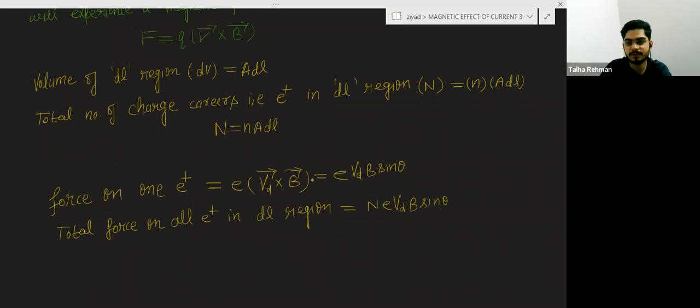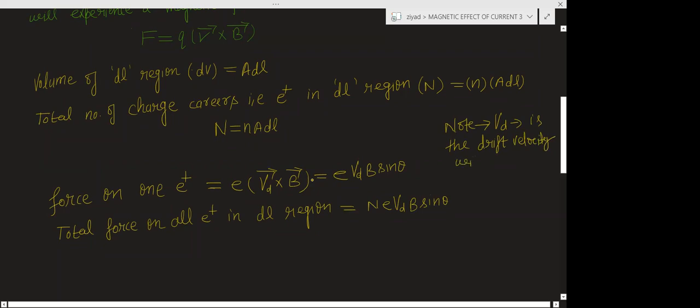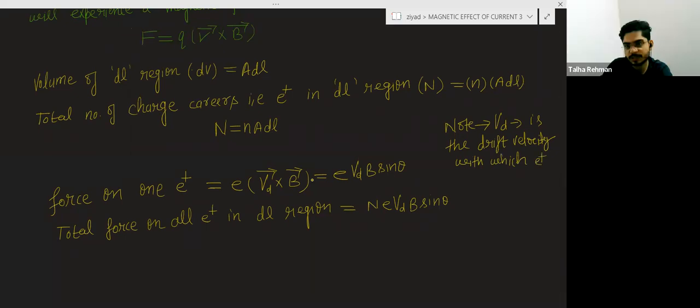There is one note here. vD is the drift velocity with which e positive is moving. e positive is the same as an electron, but the direction is just opposite to that of the electron.